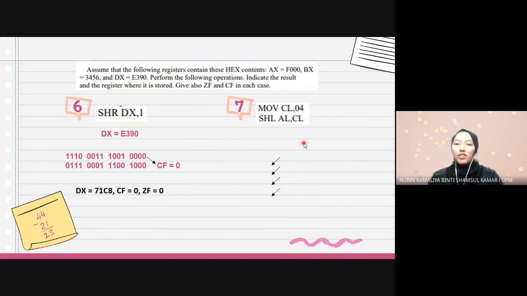For the last question, move CL, 04, shift to the left, AL, CL. So remember, CL indicates that you must shift to the left 4 times. And AL, where do you get it? You will get AL from AX. So the AL is 00.